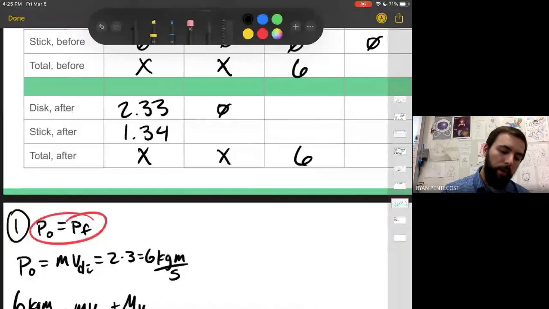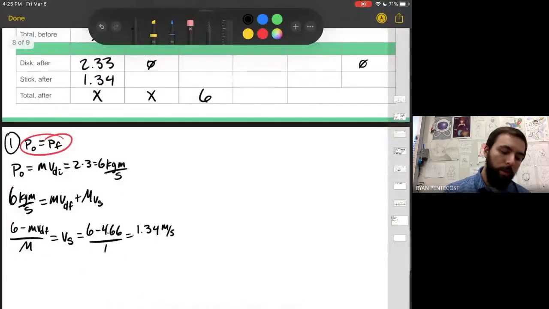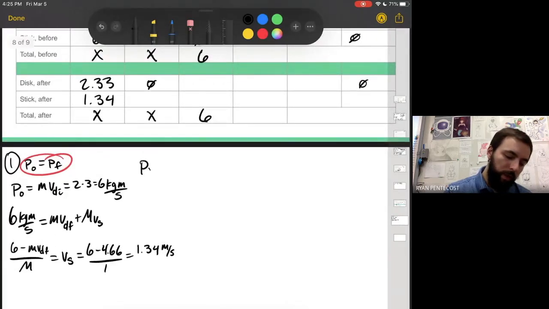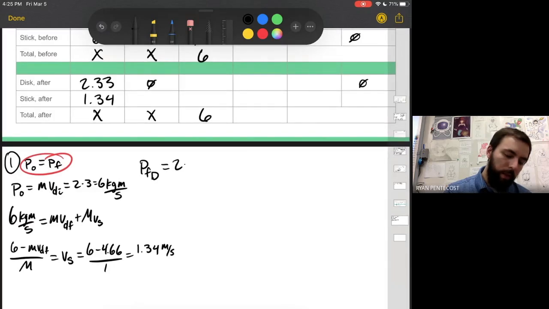Now we can find the momentum of each object. So what is the final momentum of the disk? Well, we know that it has a mass of 2 and a velocity of 2.33. That would give us a momentum of 4.66. So that would go right there.